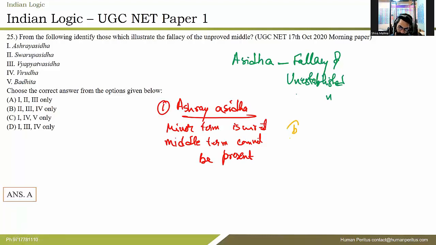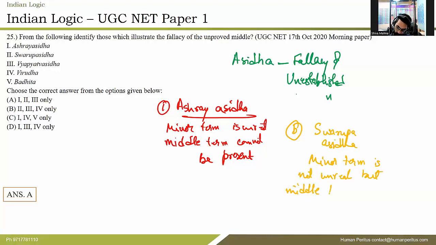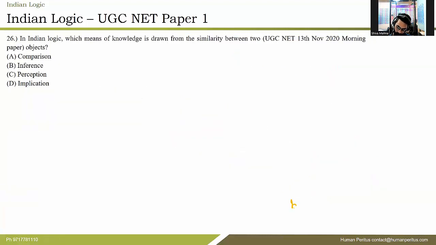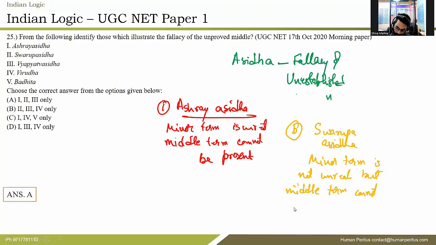The second type is Swarupa Asiddha, where the minor term is not unreal, but middle term cannot be present.